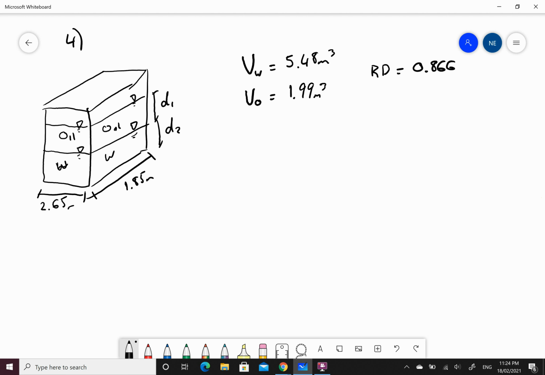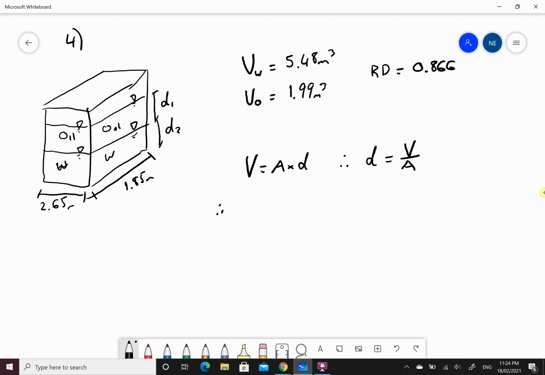That's all I'm given. So how do I work this out? Well, remember our volume is simply equal to our area times the height. So therefore, my depth or my height must be my volume divided by my area. Let's try to run with this.